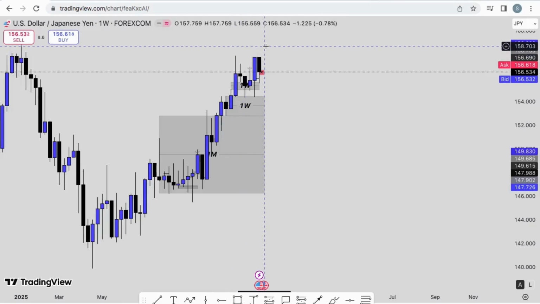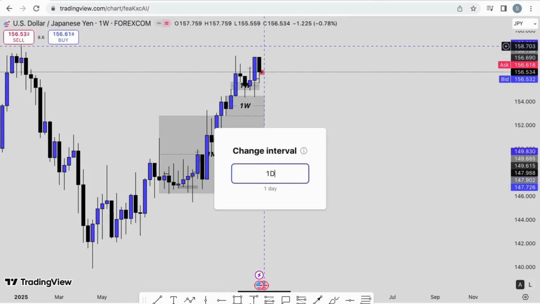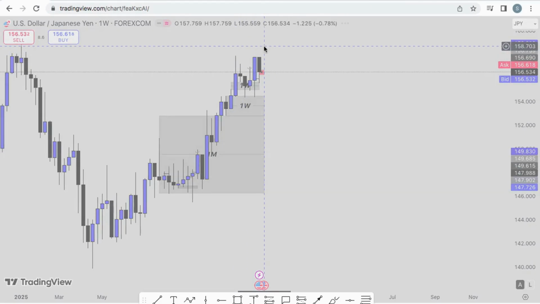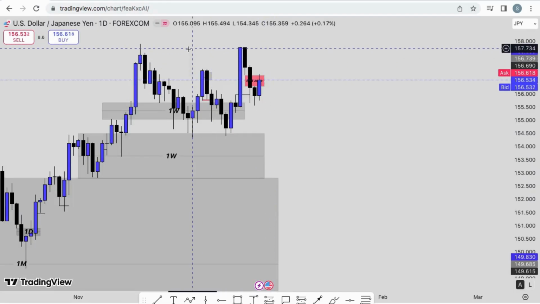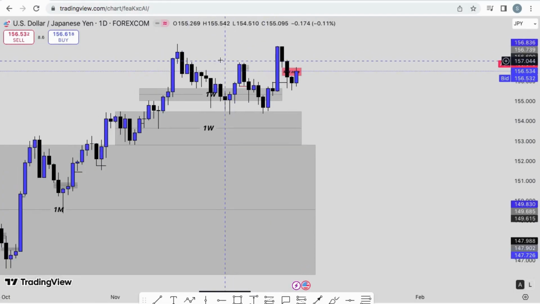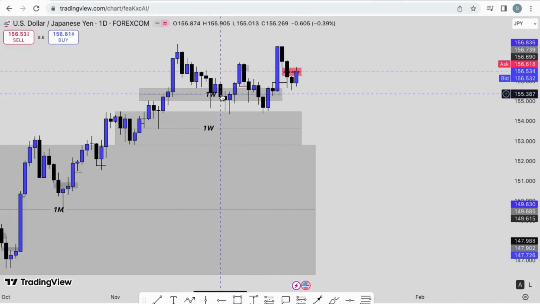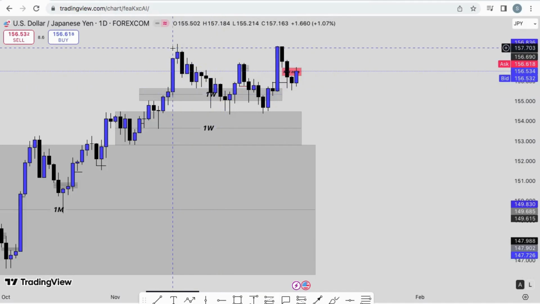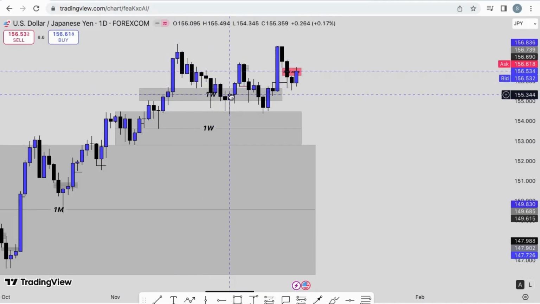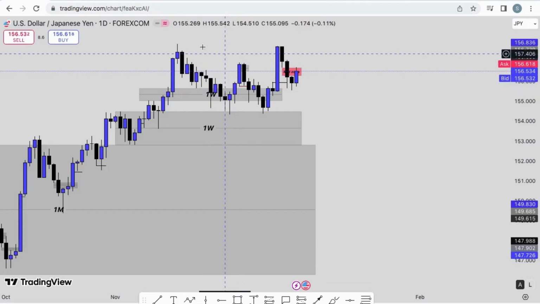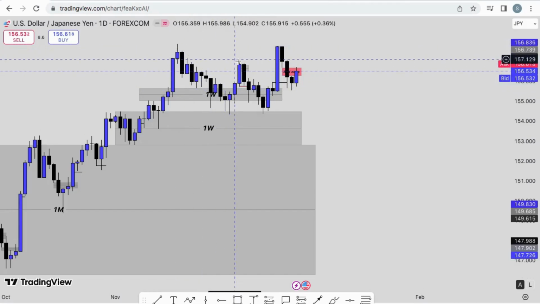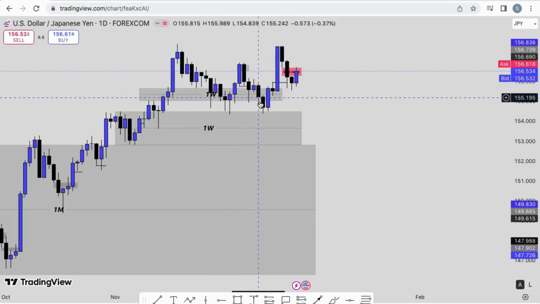So let's go down to the daily time frame. Now here it is. This is the daily time frame, and what has the daily done off of this weekly fair value gap? The daily came here, acted like it was going to take this high, but did not, and came back.